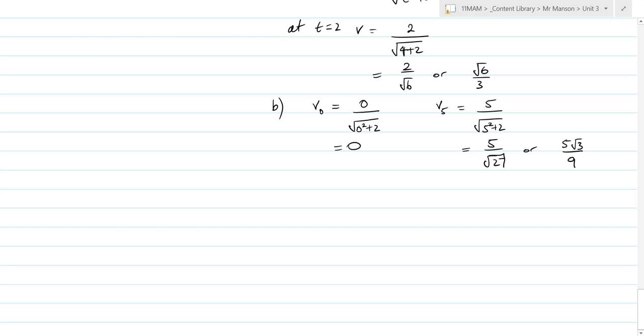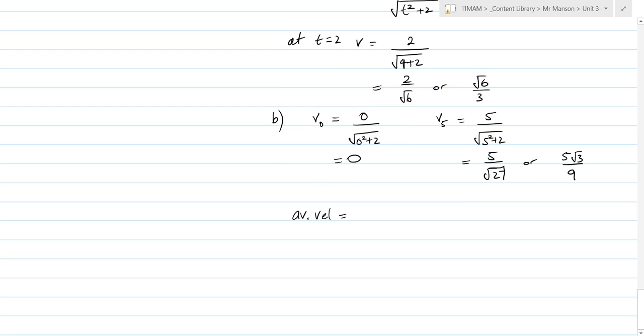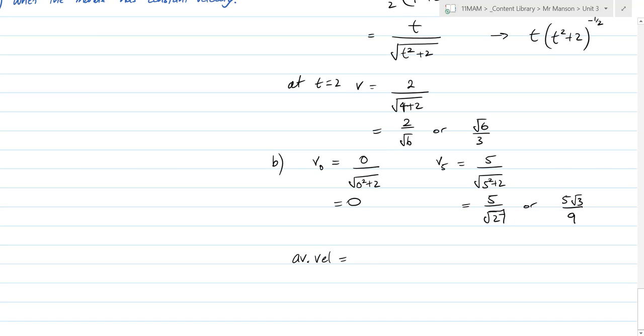And my average velocity is equal to, so velocity is equal to displacement over time. Can we see what I've just done wrong? I've not done anything wrong, I've just done something I didn't need to do.